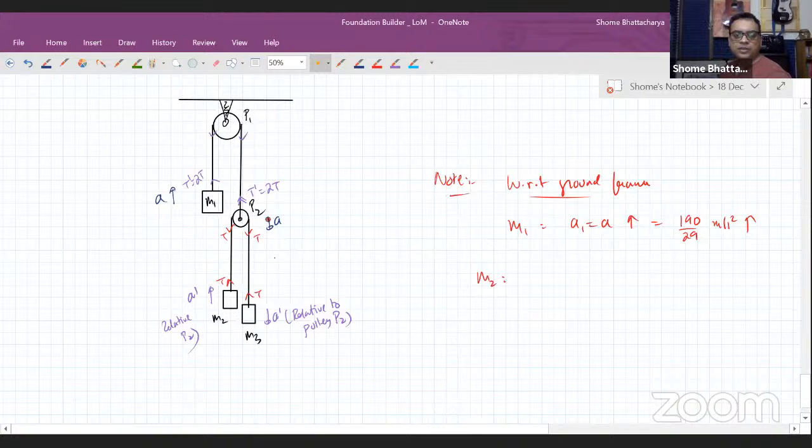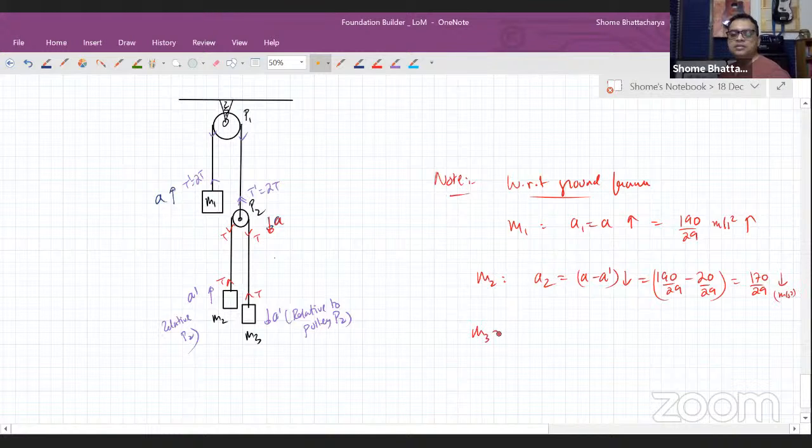With respect to this pulley which is coming down at A, it is having an acceleration of A prime upwards. So in the ground frame, M2 has an acceleration A2 downwards, equal to A minus A prime downwards. So that will be 190 by 29 minus 20 by 29, or 170 by 29 meters per second square downwards.